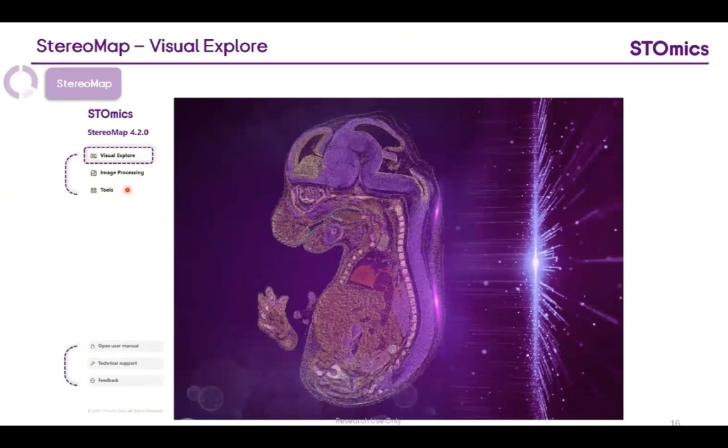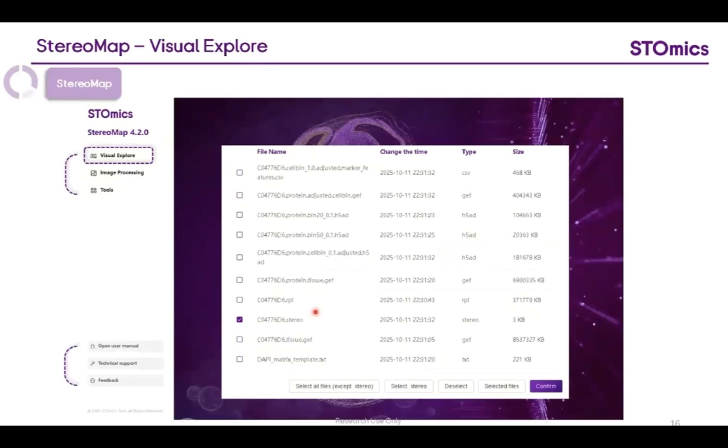To start exploring your data, you click Visual Explore and navigate to your file system. Select the stereo file from the decompressed visualization archive, and StereoMap will automatically load the results from SW.